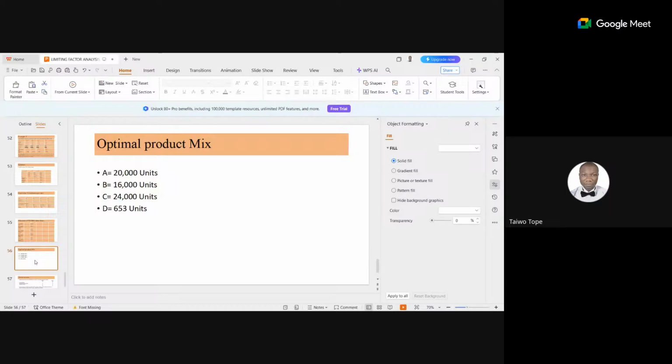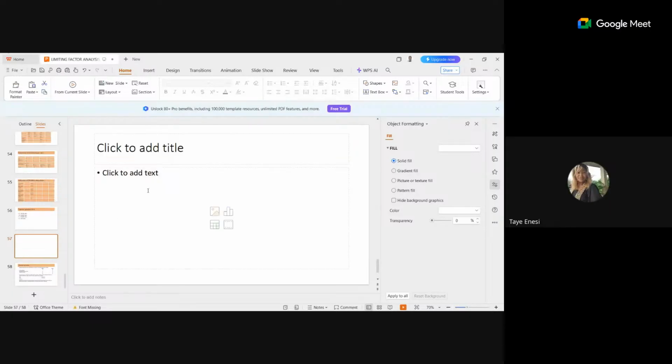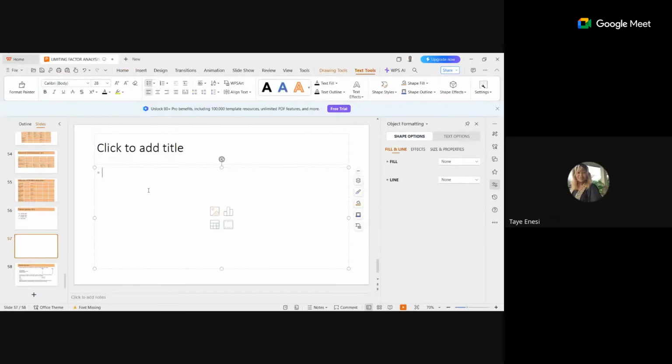No, it's contribution and fixed cost. We said contribution is equal to fixed cost plus profits. To determine your profit now, you make profits to stand alone as the subject of the formula.